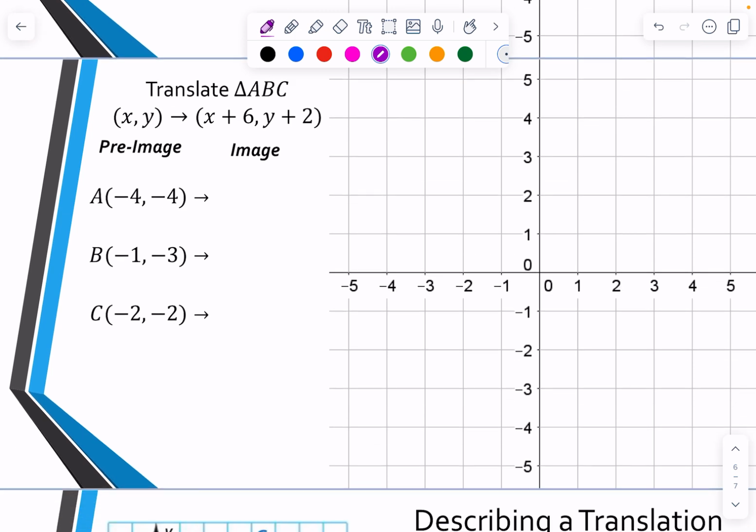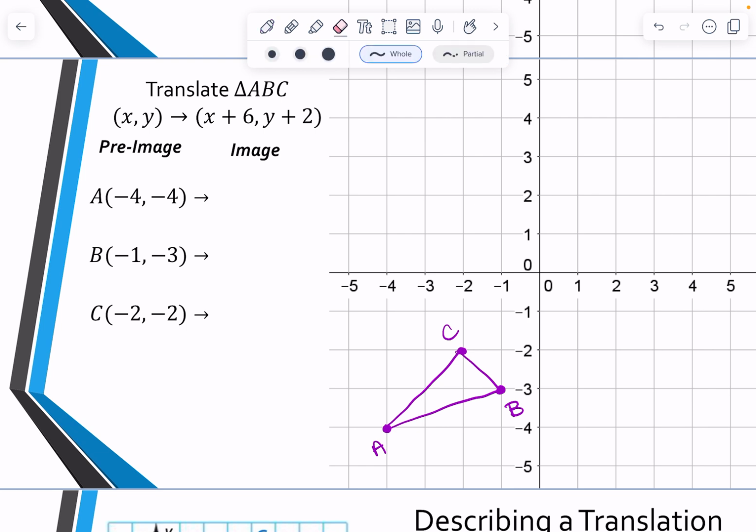So we're going to start off graphing the pre-image. So -4, -4. Here is A, -1, -3. Here's B, -2, -2. Here's C. Okay, so here's our pre-image. Now we're going to convert it to our image.